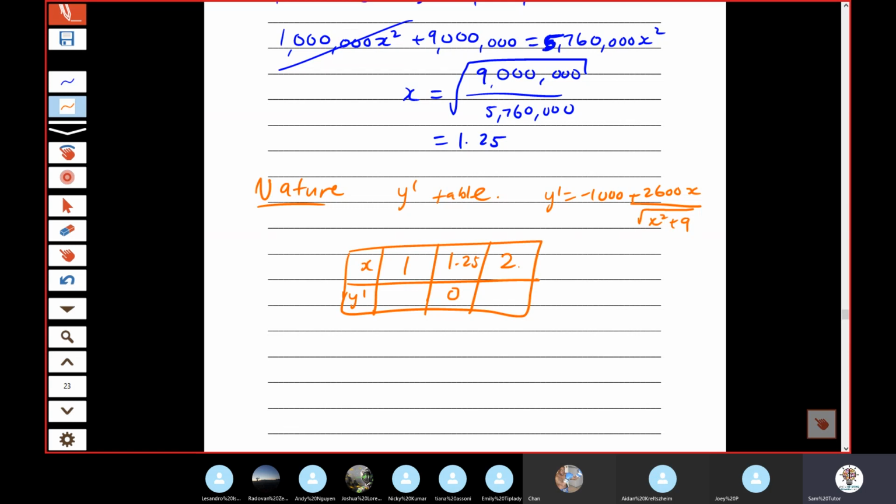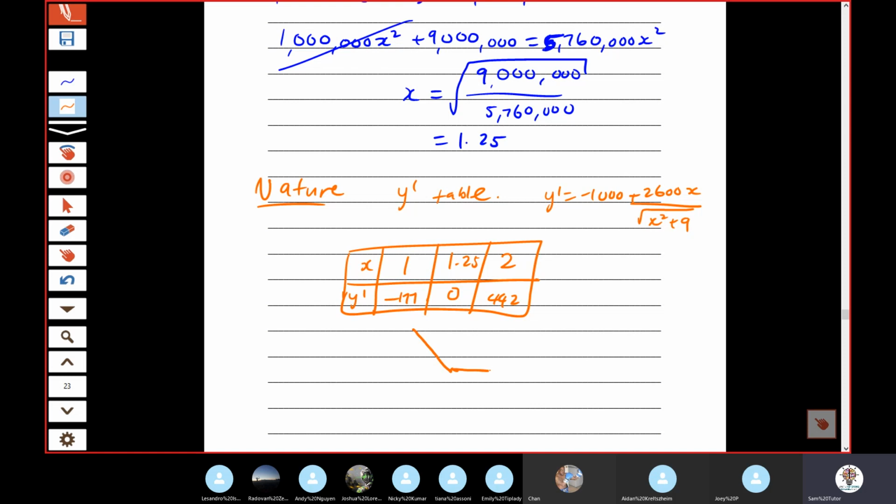Negative 1,000 plus 2,600 on square root of 10 gives you negative 177. We're hoping this one's positive. Negative 1,000 plus 2,600 times 2 on square root of 2 squared plus 9 is 442.